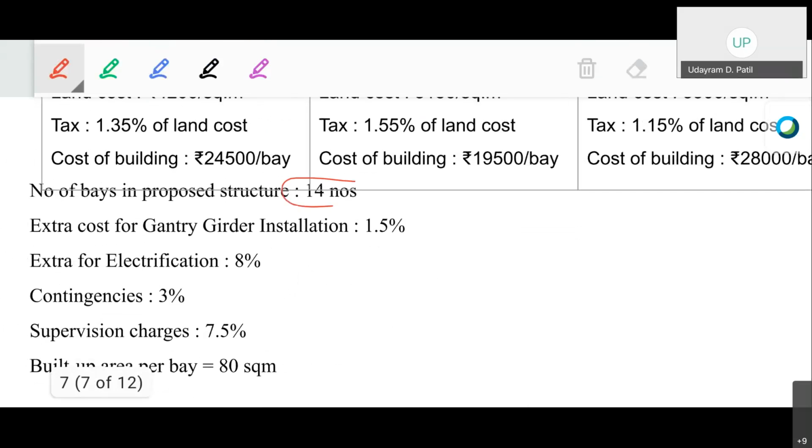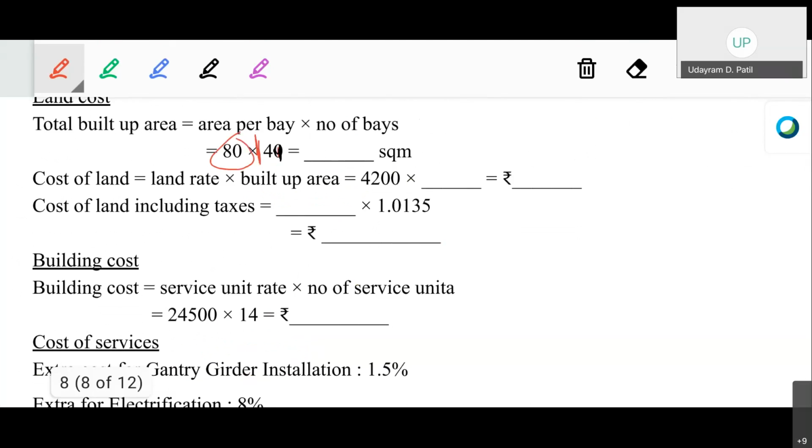So the number of bays is 14, and the built up area per bay is 80 square meter. Multiplying the 80, the area per bay, with the number of bays, 14, calculate the total built up area in square meter.